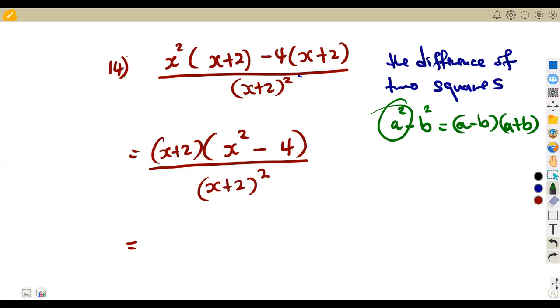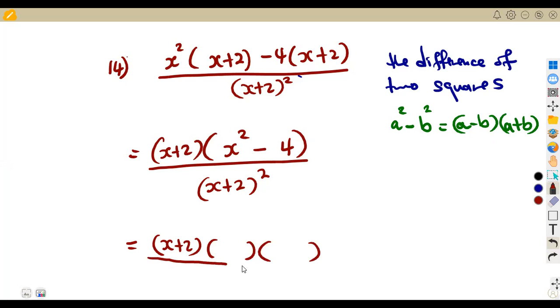You're going to have the square roots of these two terms. So here, I'm just going to write this bracket as it is because it's not part of my difference of two squares. The difference of two squares is the one in this bracket, so that's where you are supposed to factorize.